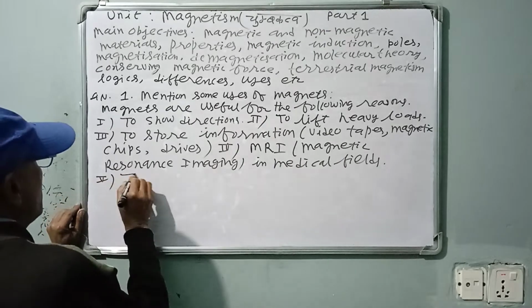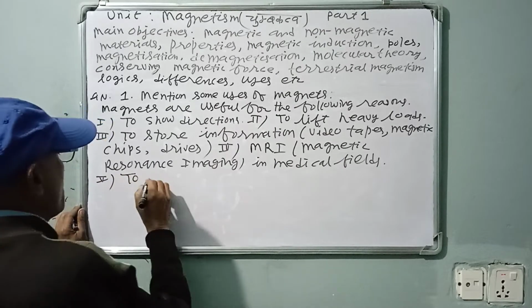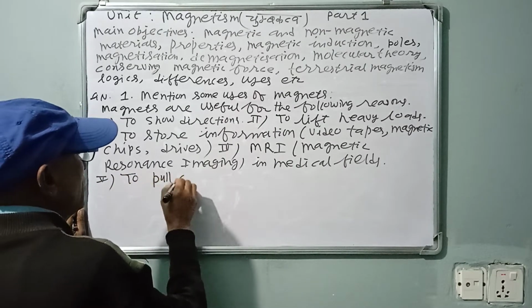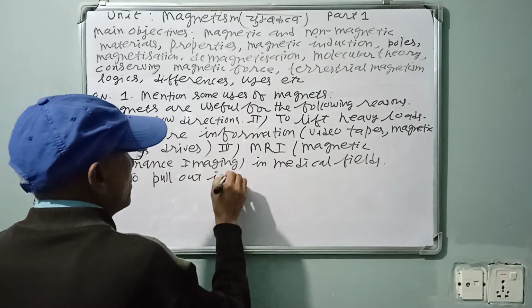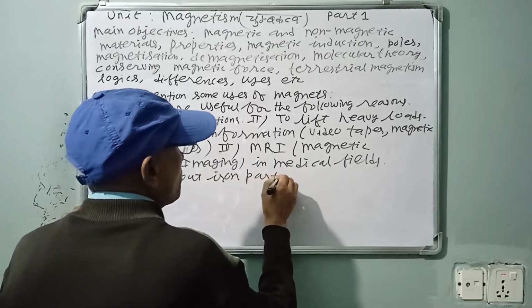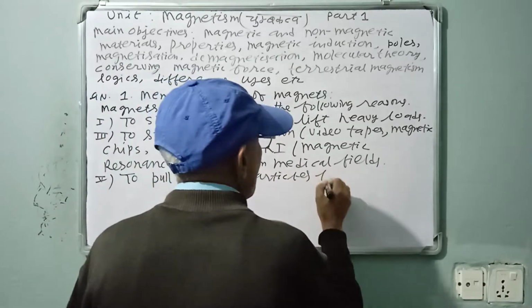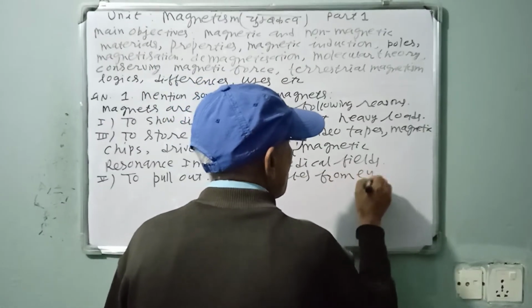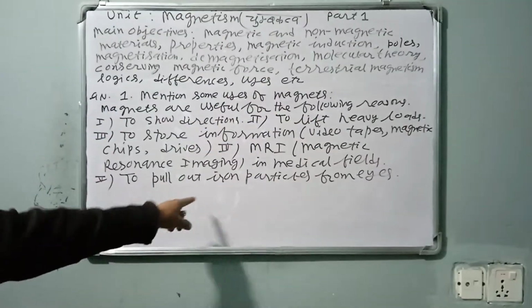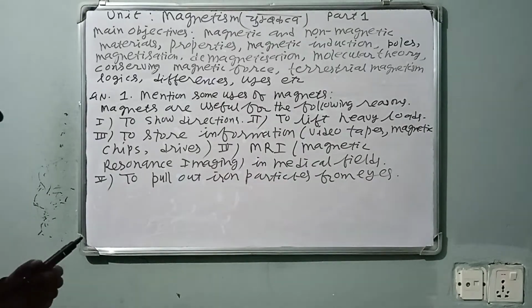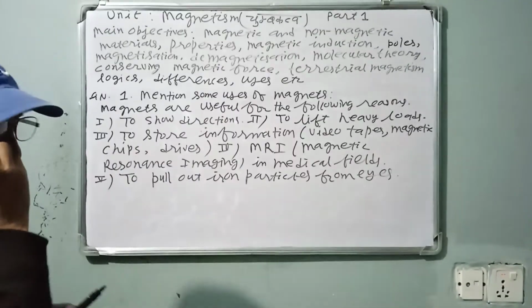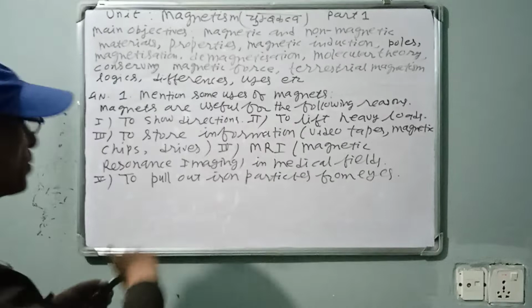Another, to pull out iron particles from ice. To pull out iron particles, very small particles can be put in ice, so they must be removed.